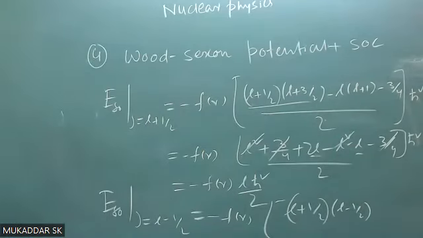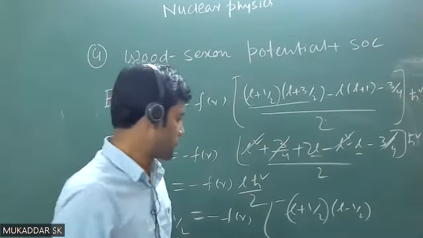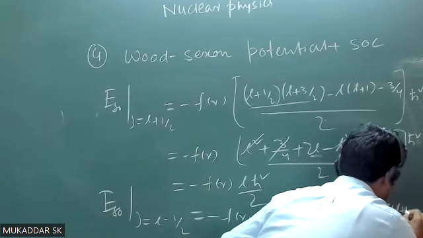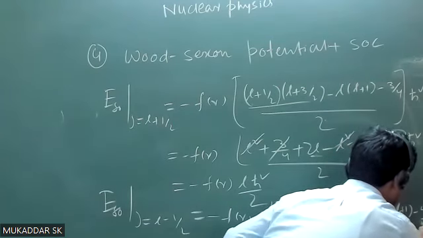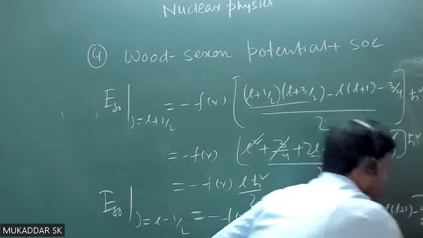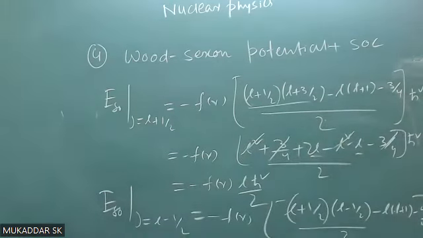J is L minus half, J plus 1 will be L plus half. And then you will have L into L plus 1 again, right? Minus 3 by 4, that is S into S plus 1. Divide by 2, and you will have H cross square.